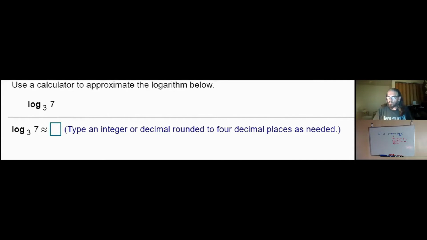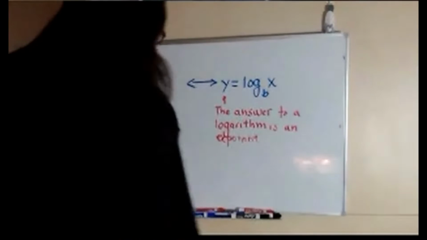In this question, we're asked to estimate, to 4 decimal places as needed, the log of 7 base 3. There is another way that this could be done, but as far as I know, it is not information that is available yet. So we're looking for something that we could raise the base of 3 to, to get 7.